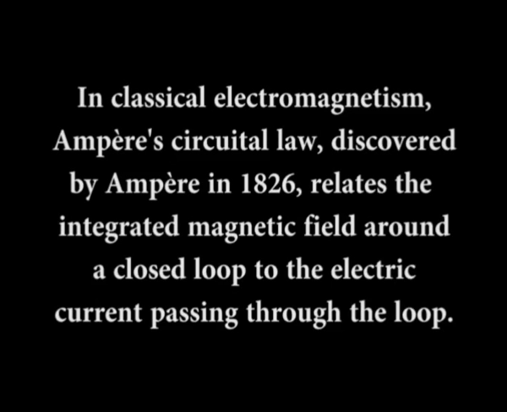So friends, here we come to the end of our discussion in this lecture today, and therefore we sum up. In classical electromagnetism, Ampere's circuital law, discovered by Ampere in 1826, relates the integrated magnetic field around a closed loop to the electric current passing through the loop.